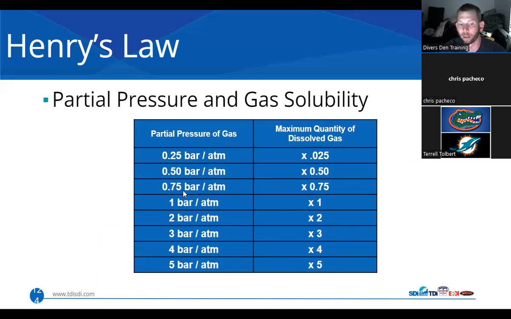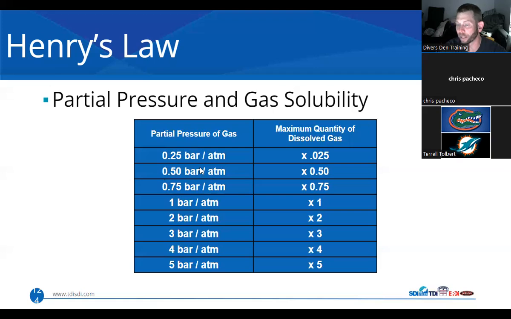The combined sum of all the gases is going to be equal to the number of atmospheres in the gas. So let's say you were going up in the air. So what's that? 0.75 bars, that means you're 25% above the earth. All this is trying to show you is that the pressure of the gas dissolved in the solution is going to reach equilibrium eventually, after 5 half-lives, with the ambient pressure that the solution is exposed to.